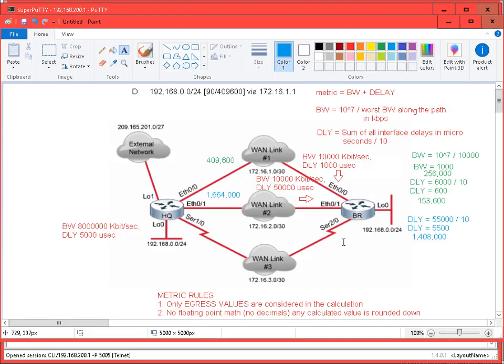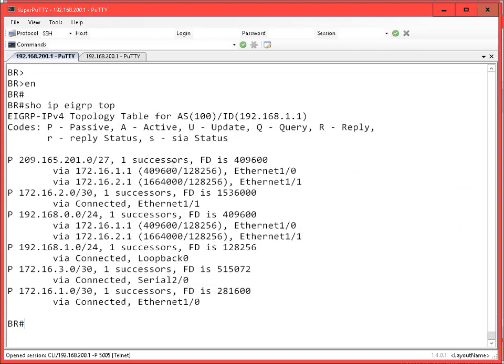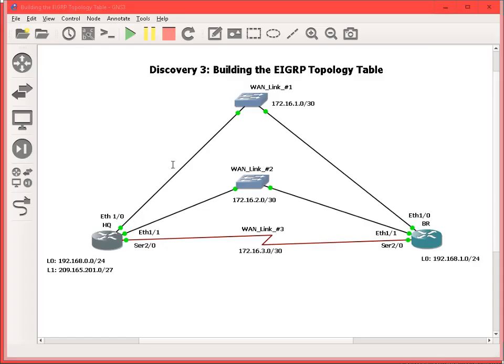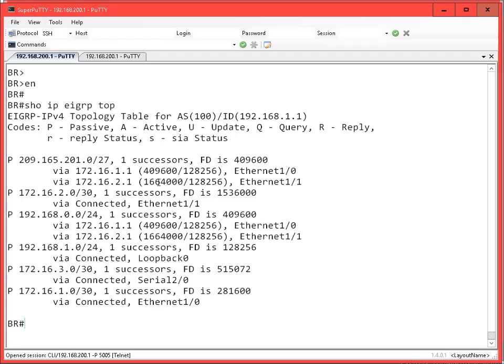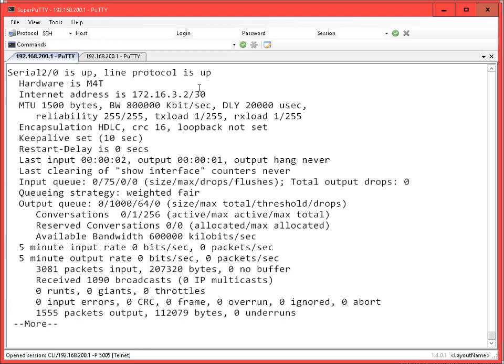So we're going to take a look at serial 2/0 in this case now on our branch router. Show interface serial, actually it's not serial 2/0 in our topology. Oh, it is. Okay, excellent. So show interface serial 2/0, and we've got these values here.